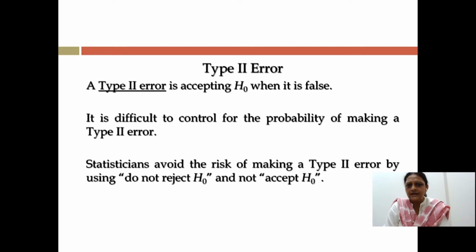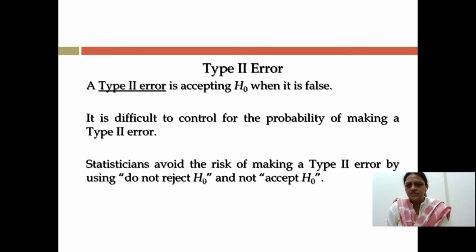A type 2 error is the opposite: you accept the null hypothesis when it is false. While type 1 is you reject the null hypothesis when it is true, type 2 is you accept H0 when it is false. It is difficult to control the probability of making a type 2 error.